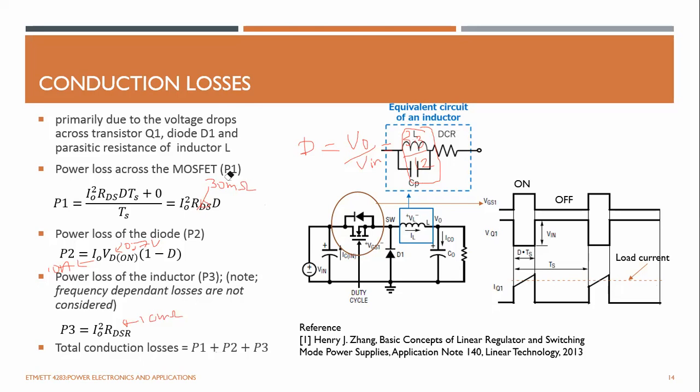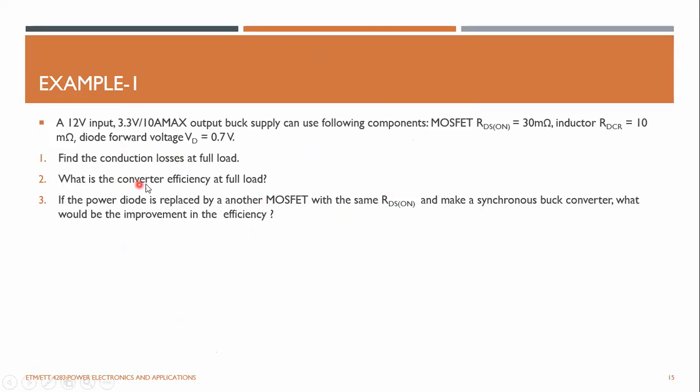All right. So I know you will have a basic understanding of calculating this one. You can work on this example later, as I upload all the things. So to find the converter efficiency at full load, the efficiency is P out divided by P in, output power divided by input power, and input power is simply the output power plus P loss.